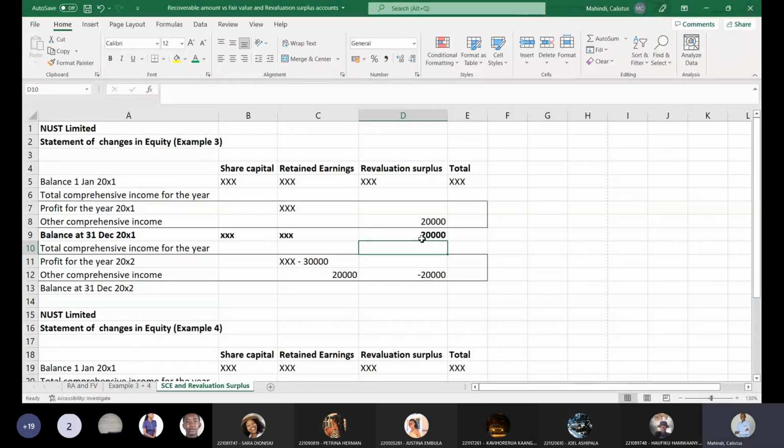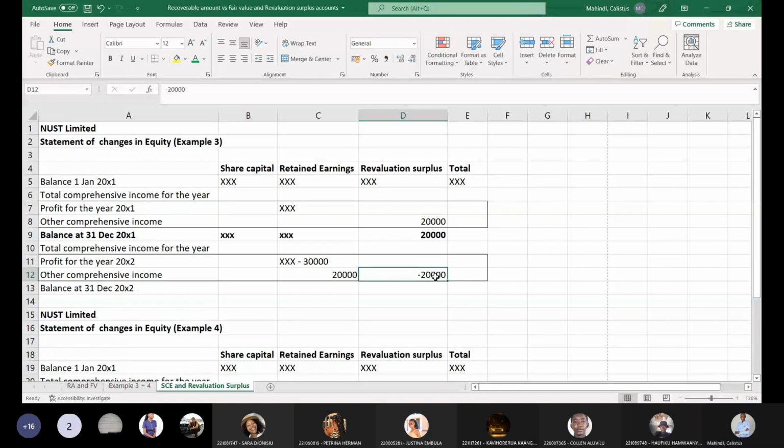So the standard says, first of all, we have to remove the amount that was existing in our revaluation surplus. And we remove it by debiting the revaluation surplus account with 20,000. And then what do we credit?